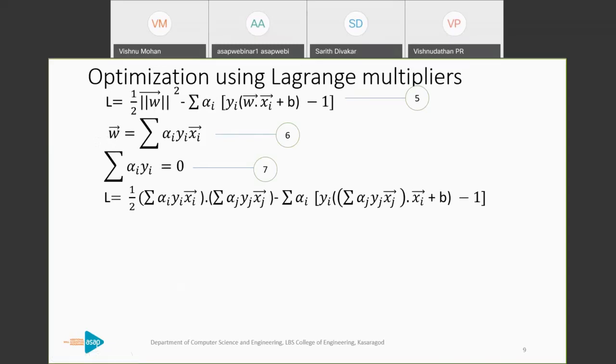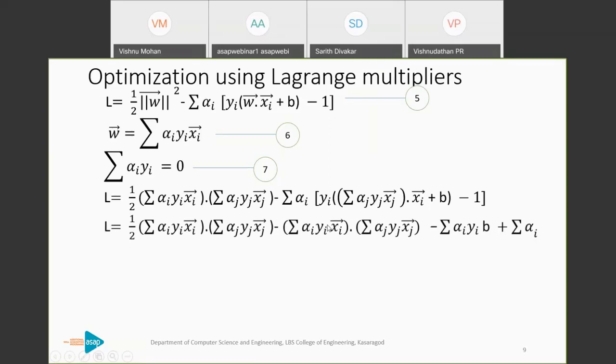When I substitute that, see here, I will write it as a dot product of two feature vectors. xi is one feature vector, xj is another feature vector. Okay. Minus alpha i. Here also I substitute the value of W. So just simple algebra. I'm just substituting it.